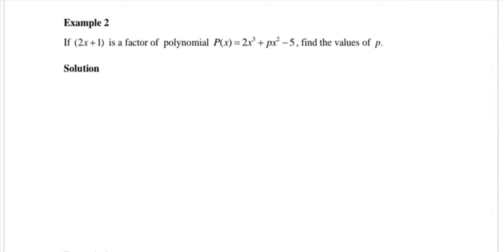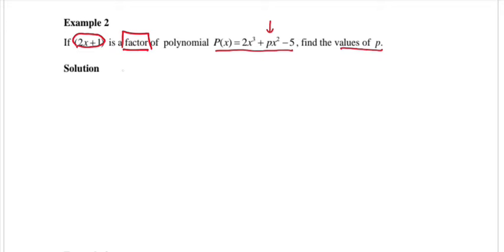Now let's look at example 2. If 2x plus 1 is a factor of the polynomial, find the value of p. So p is situated here in the polynomial. The only information that we know is that 2x plus 1 is a factor of the polynomial. Remember, what does it mean to be a factor?